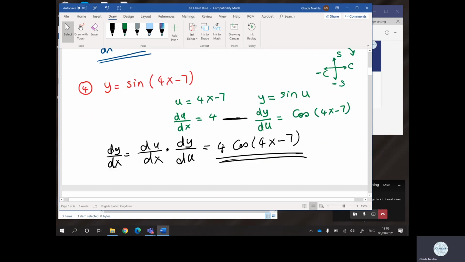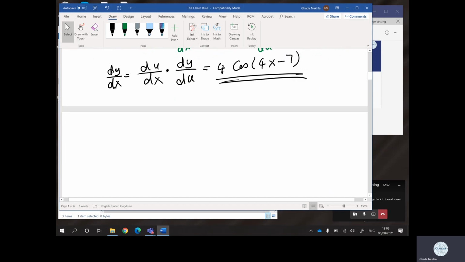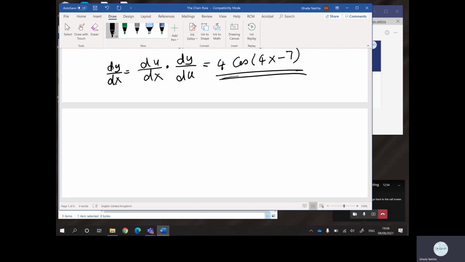Sorry about that, just trying to extend the page. Okay, let's take a look at question 5. y equals 5 cos 2 minus 3x.